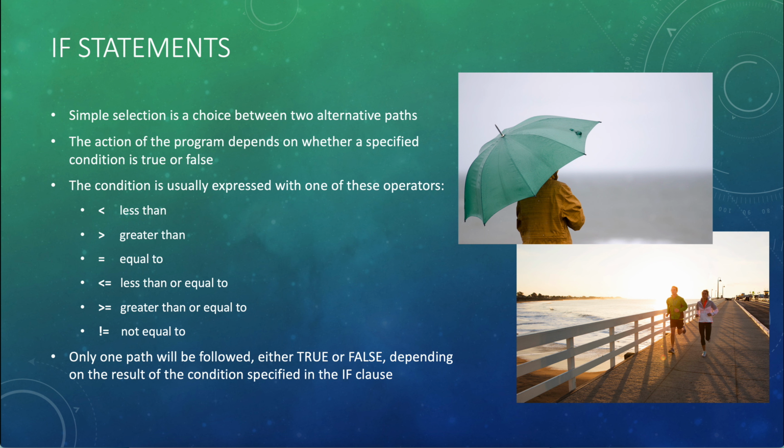Depending on what we see as the answer to those questions, we prepare accordingly. If it is raining, we would bring an umbrella. If it's not raining, if it's sunny outside, then there's really no need for us to bring an umbrella. If it's cold, we might put a jacket on. If it's hot, we might put shorts on. So you can see how we make these kinds of decisions every single day.